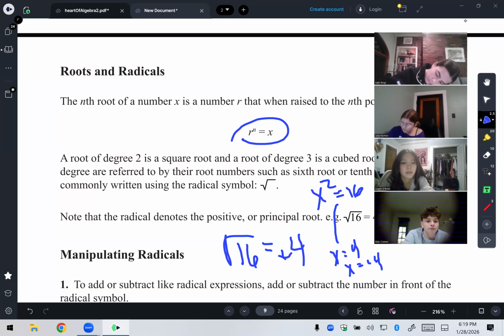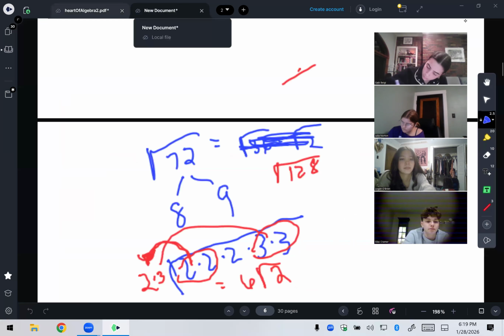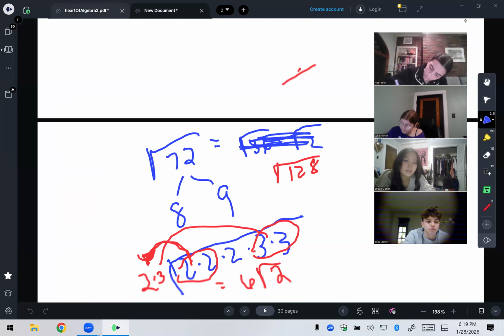So let's try a book one and see if any of you are astute enough to answer this one. We're going to go to page 600, number 13.